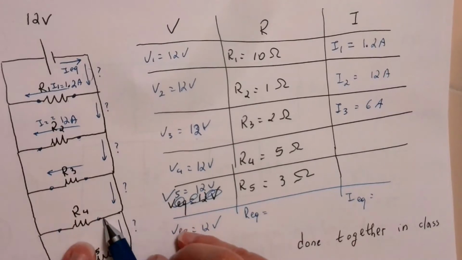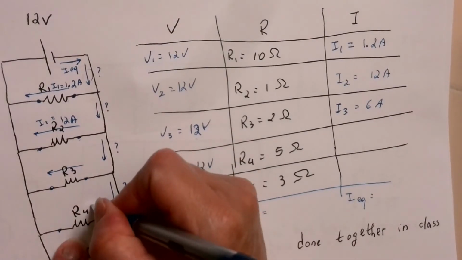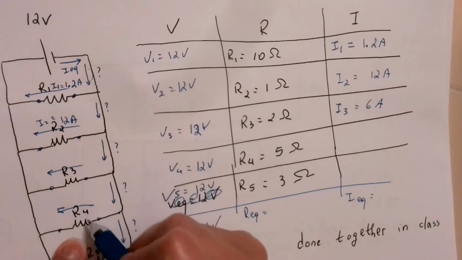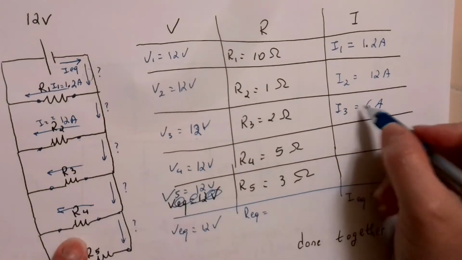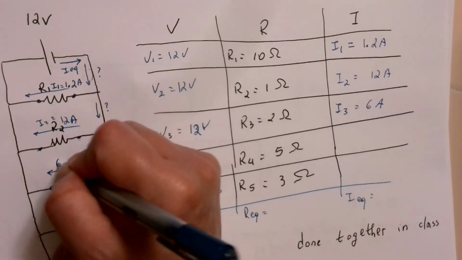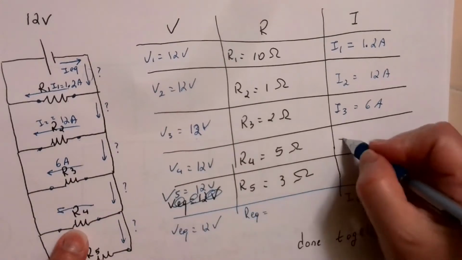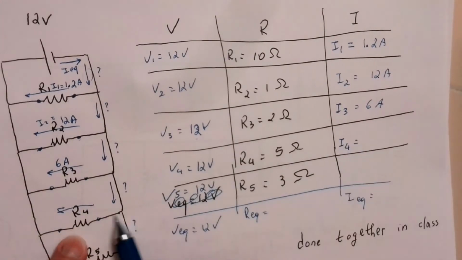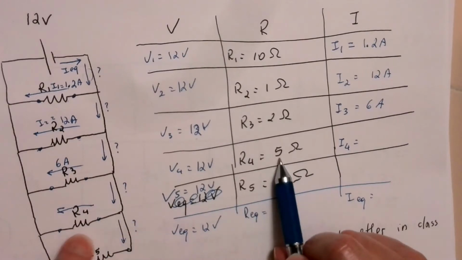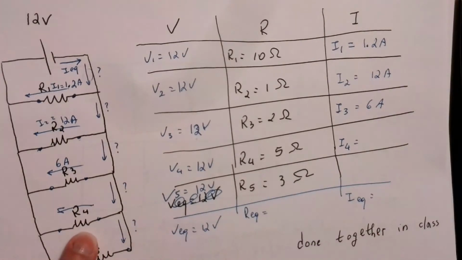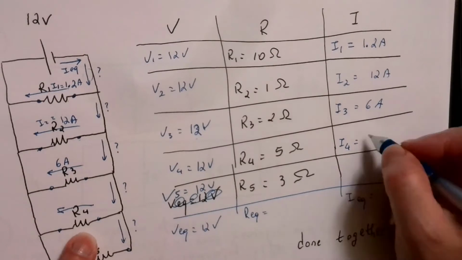And then I4 is the current that is going through R4. Okay, one sec. So I3 is the current here, so this is 6 amps. Then I4 is the current that is going through R4, so it's going to be 12 divided by 5.